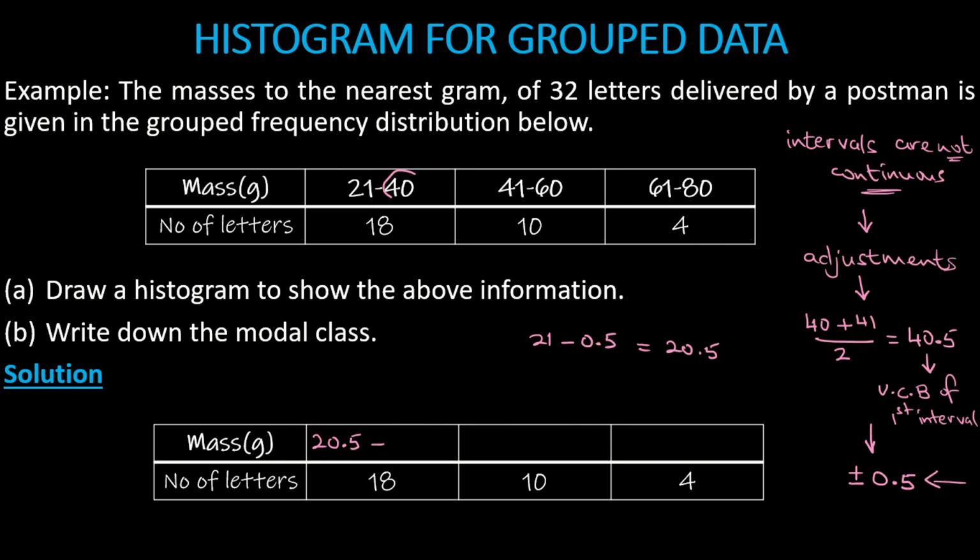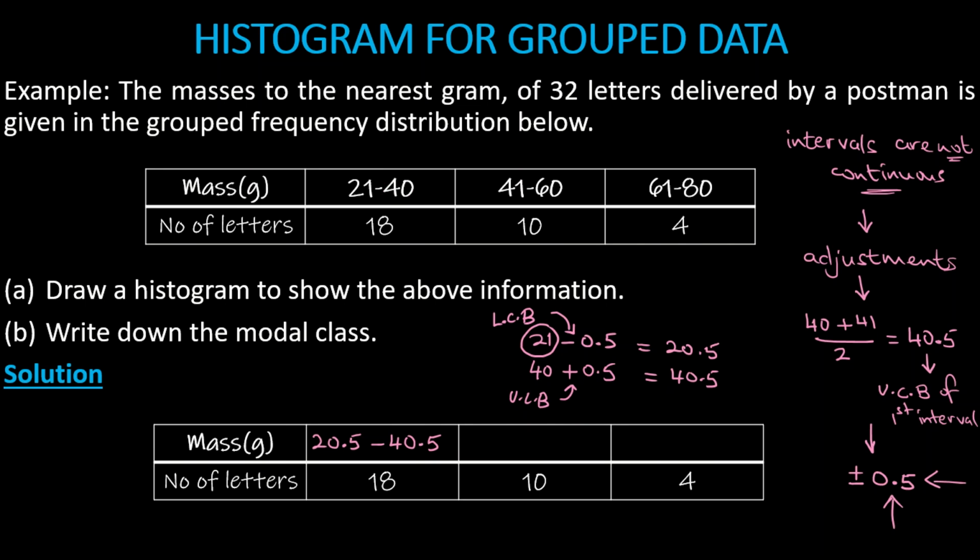Now with 40, you have to make an adjustment still of 0.5, but this time you add 0.5. So it will be 40.5. Right? This is how we do the adjustment. With the lower class boundary we subtract, and with the upper class boundary we add.